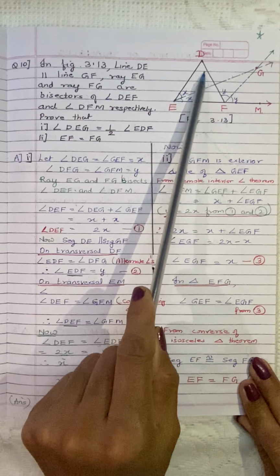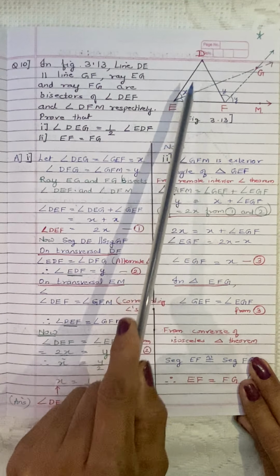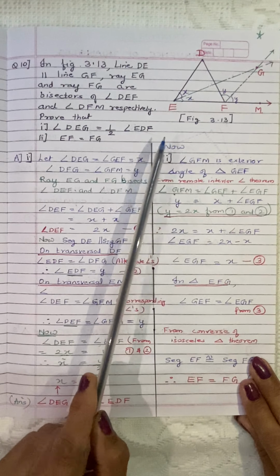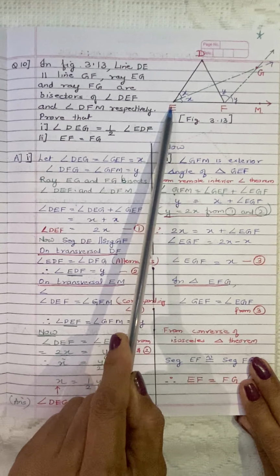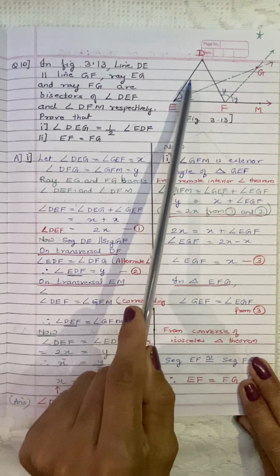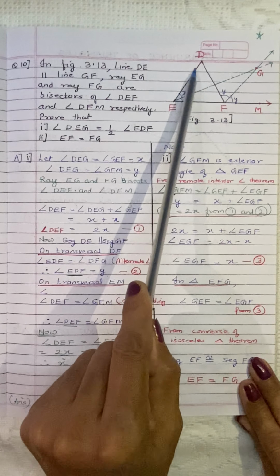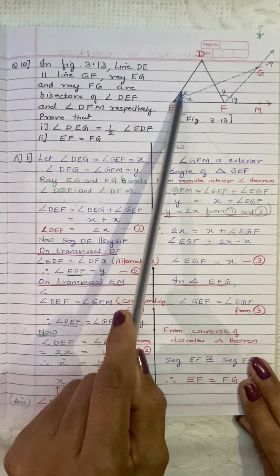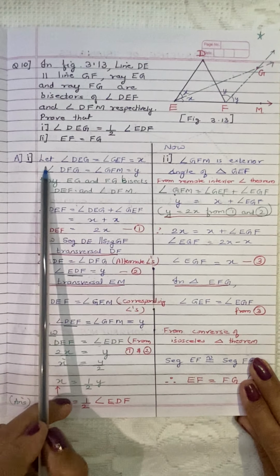So supposing if this is 40 degrees, this has to be 80 degrees. Or DEG, we are talking about this angle. This is half of this angle. So if this is 40, this has to be 20. We assume it. Okay. Let's begin with the answer.